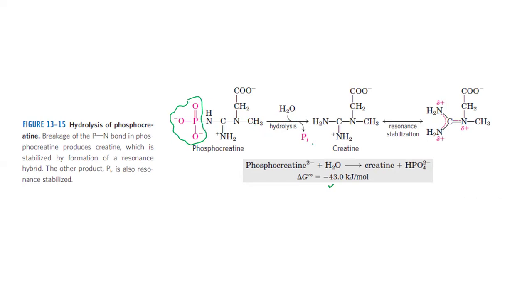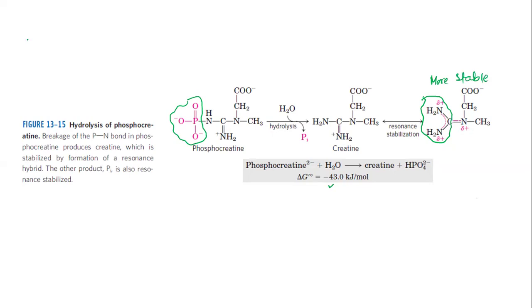And once the phosphate group is released, the carbon atom will shift its double bond between these two amino groups. So again, there will be a resonance structure which will make this product more stable than the reactants.